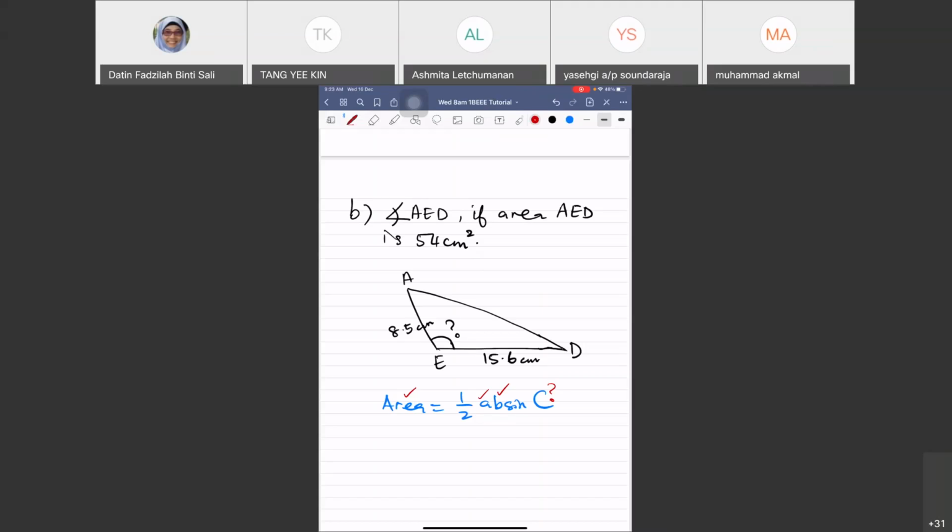Substitute everything from the question: the area is 54, equals half times 8.5 times 15.6 times sine E. Understood? Sine E, because that angle is at E, so we can just say angle E.